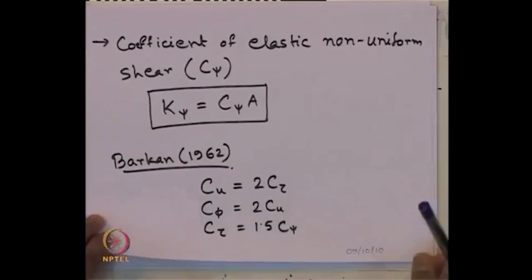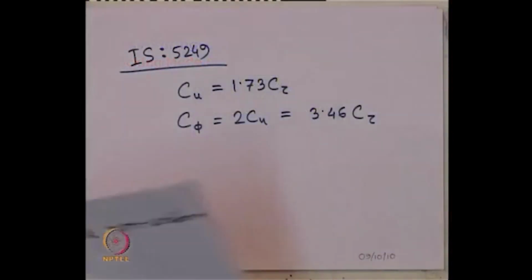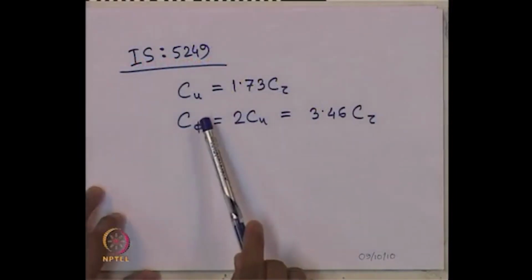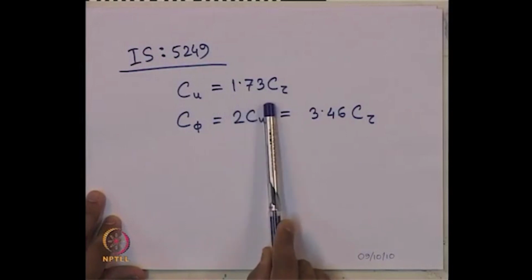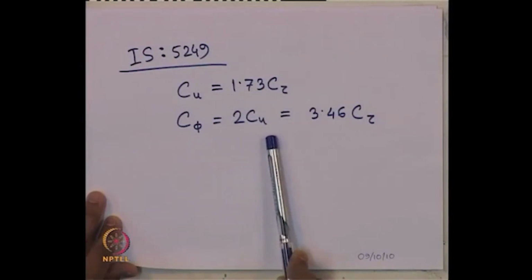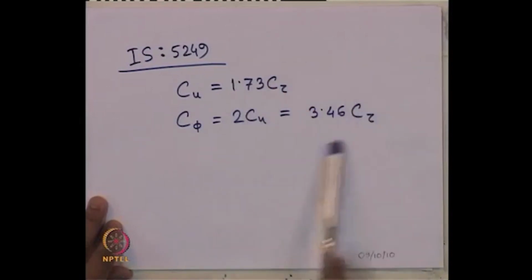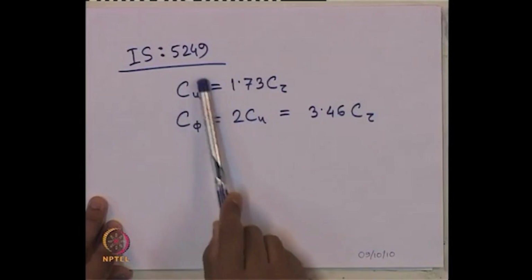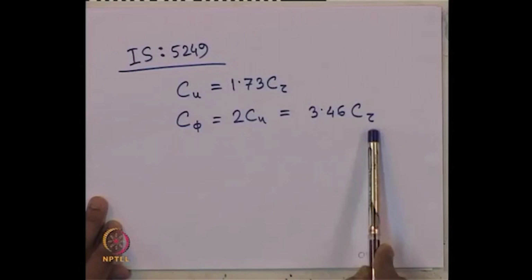This is given by Barkan, whereas our Indian standard code gives these expressions: C u can be considered as 1.73 times C tau, and C phi equals 2 times C u, which equals 3.46 times C tau. So, using these relationships, knowing C u from the field test, we can get each of these coefficients.